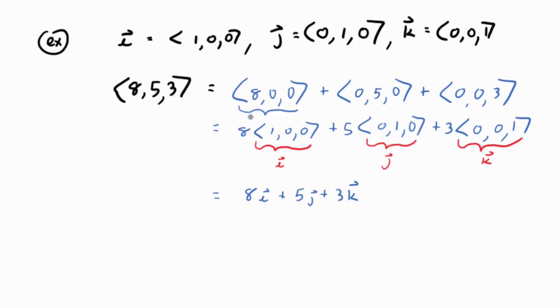So if you want to pick out the components, you just look, 8, 5, 3. If you want to change it back to component form, right? Now, it really irritated me when I was in your shoes. Why do we have two different ways of representing the same thing? I like component form. If you watch the video, you know that ijk form is superior when you're doing operations on these things, because it looks like algebra.